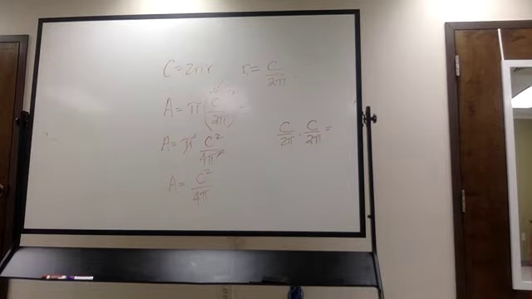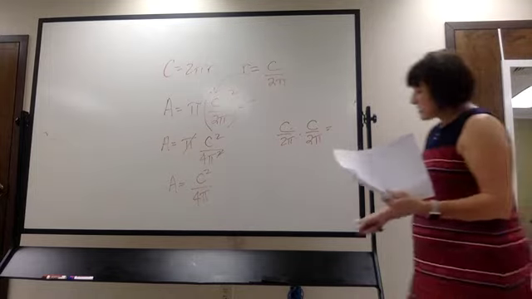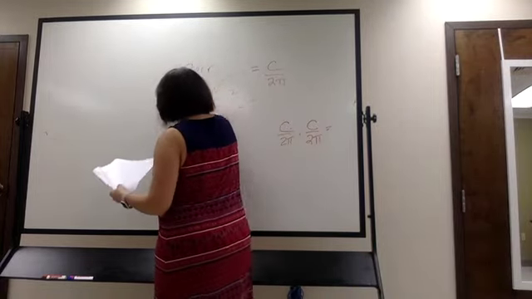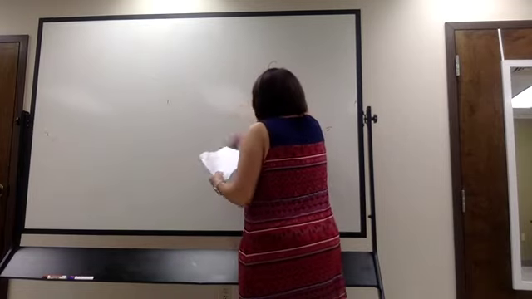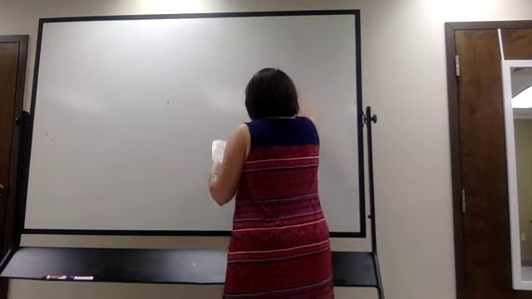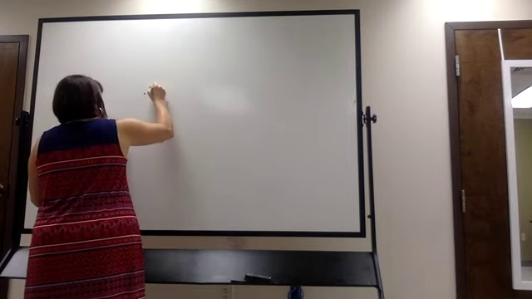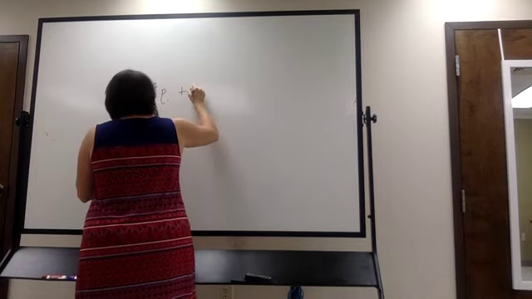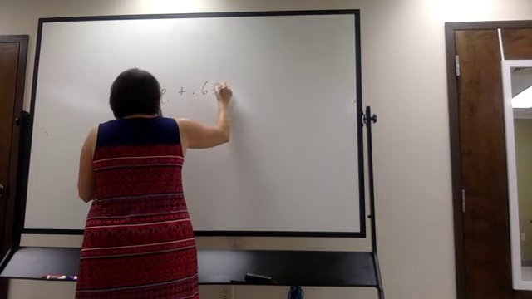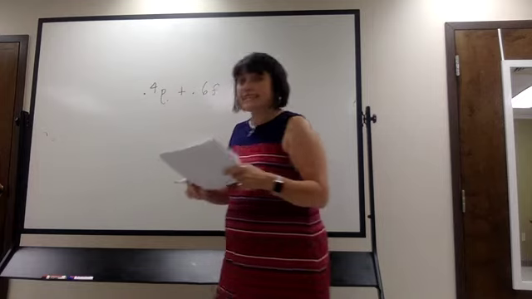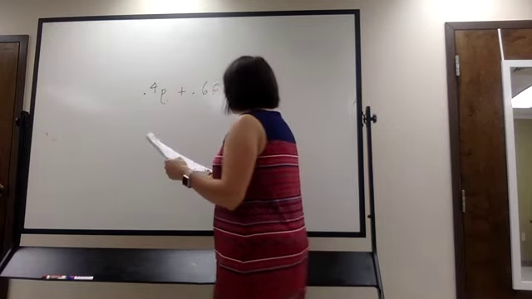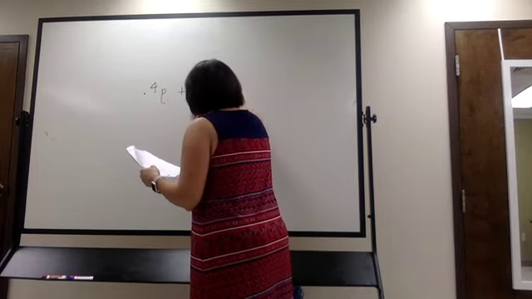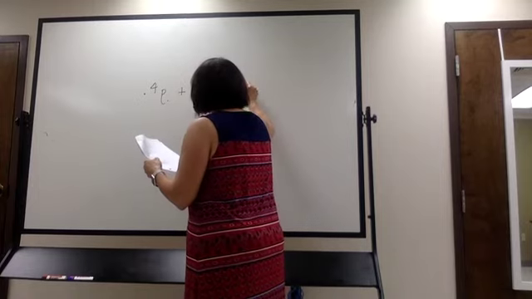All right, let's think about this real quick. It's how much of what score is going to be what? They said 40% of the project score. So 0.4 of the project score, plus 0.6 of the final, and they want at least a 90. So this is going to be greater than or equal to 90.